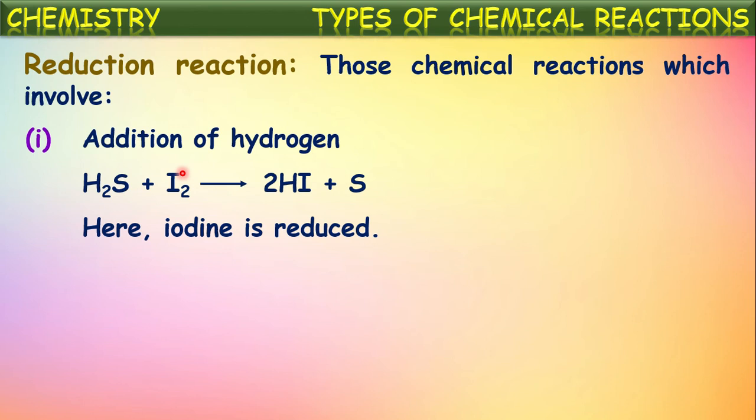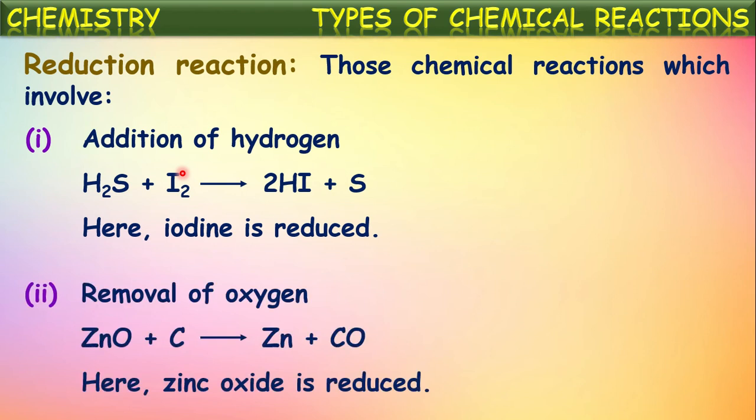The same reduction can be defined in terms of oxygen also, that is, removal of oxygen. Let us see an example for that. If you see an example equation, zinc oxide plus carbon gives zinc plus carbon monoxide. In this reaction, initially zinc oxide contains zinc with oxygen.